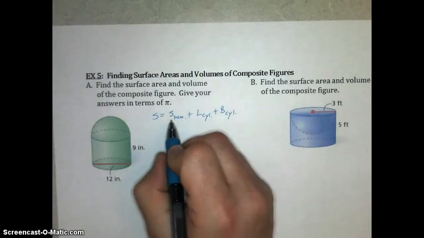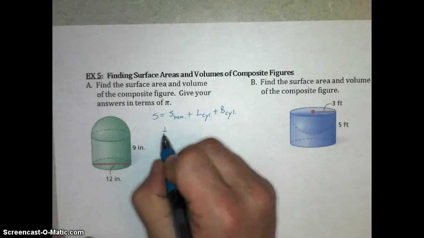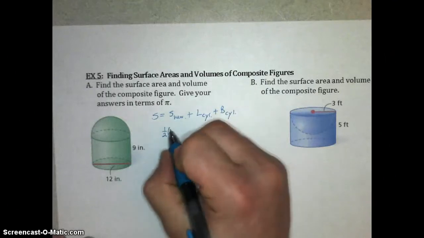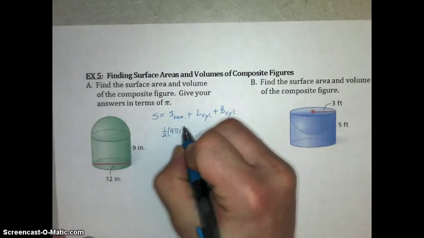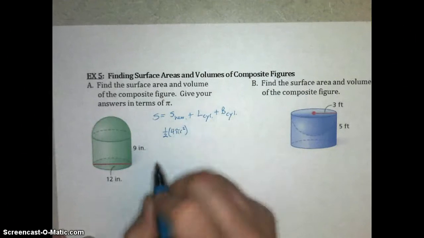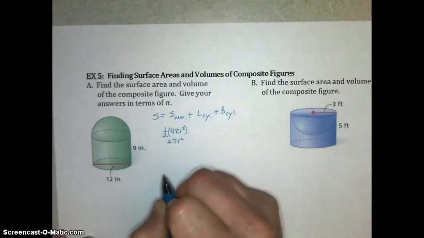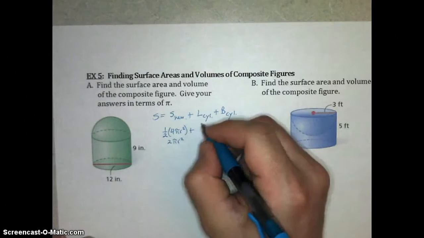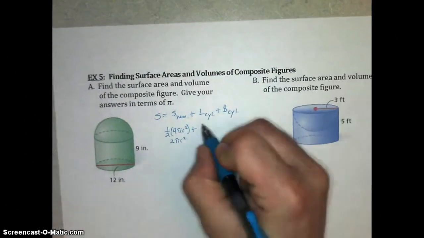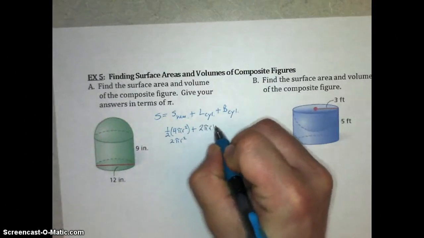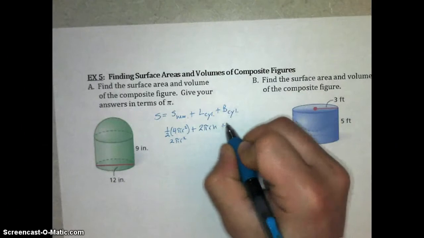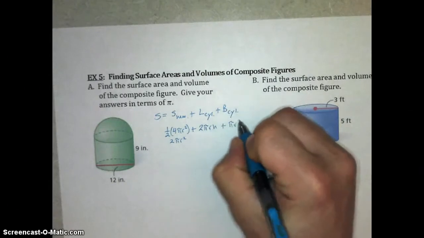Okay, surface area of a hemisphere is just half the area of a sphere, 4 pi r squared. So the surface area of a hemisphere is half of 4, or 2 pi r squared. The lateral area of a cylinder is 2 pi r h, and the base area of your cylinder is just the area of a circle, pi r squared.